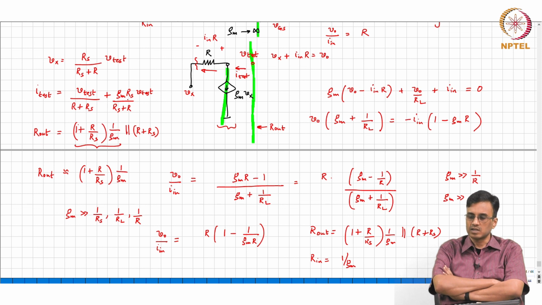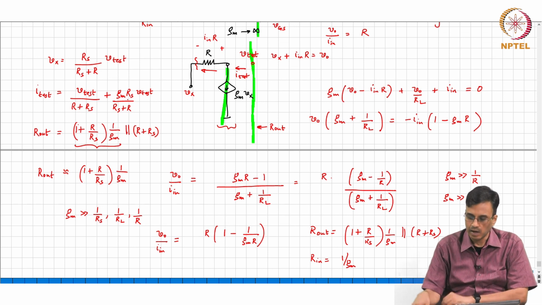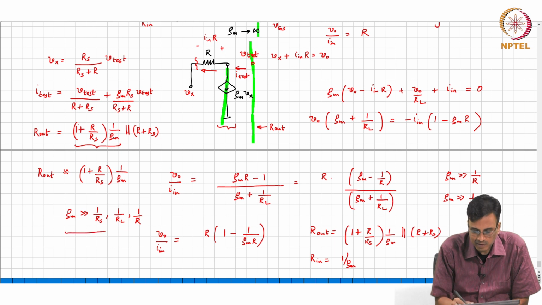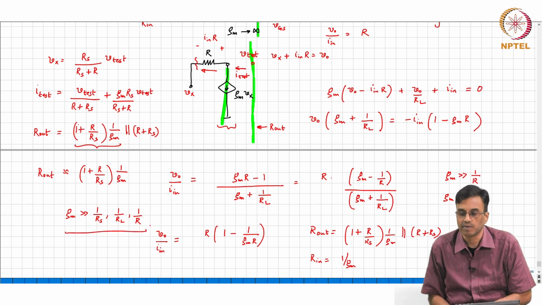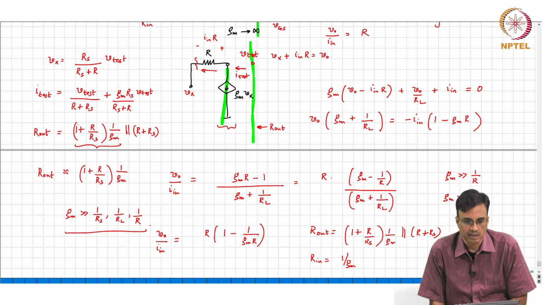So, the input resistance is 1 over Gm, which must be much smaller than the output resistance of the current source that is driving it. So, Gm must also be much larger than 1 over R. So, if all these three conditions are satisfied, that is what it means to say that Gm is a large Gm. All right. Okay.